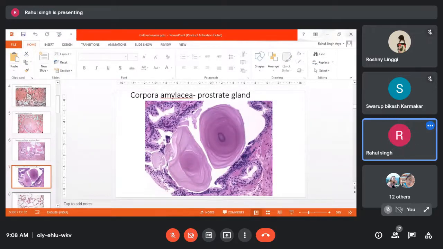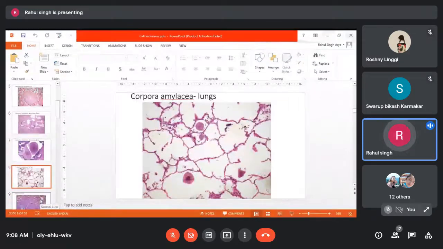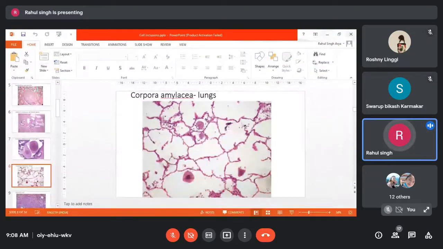These are corpora amylaceae in the prostate gland. And here we see corpora amylaceae in lungs. You can see here the presence of corpora amylaceae in the lungs. These are not normal lung alveoli. These are somewhere broken, showing emphysema. This alveoli seems normal, the wall is not broken and it is of normal size, but this alveoli is emphysematous.